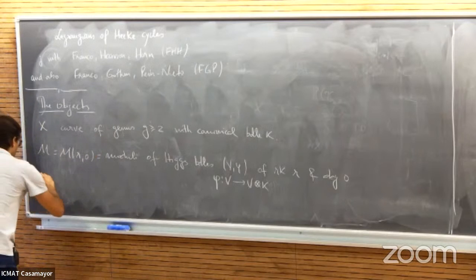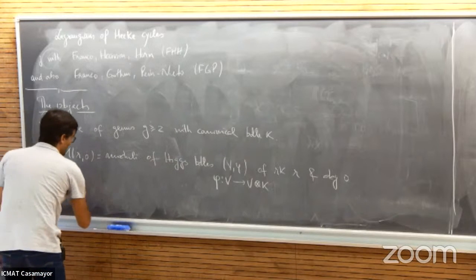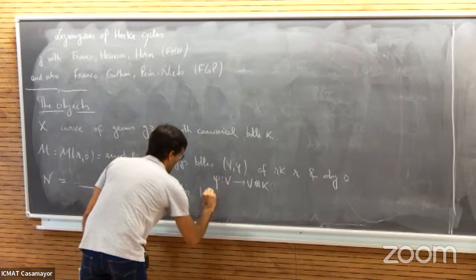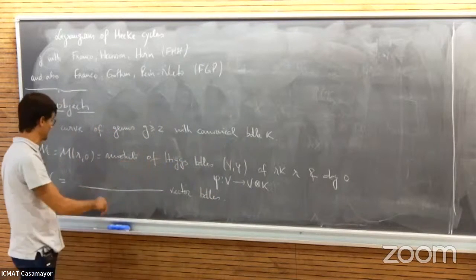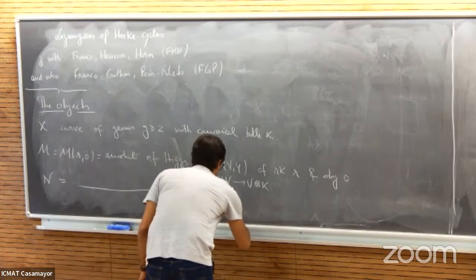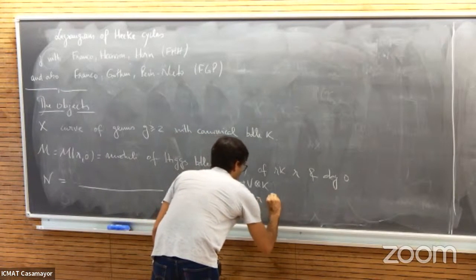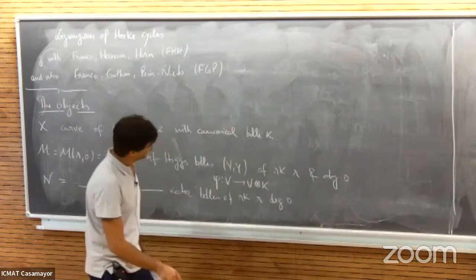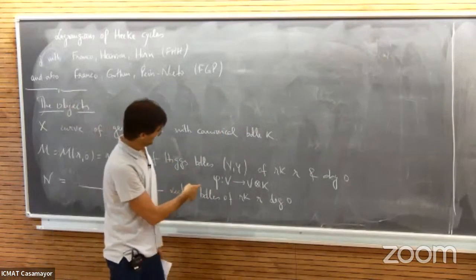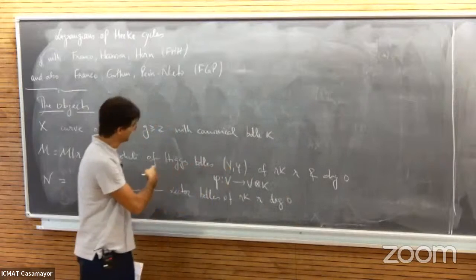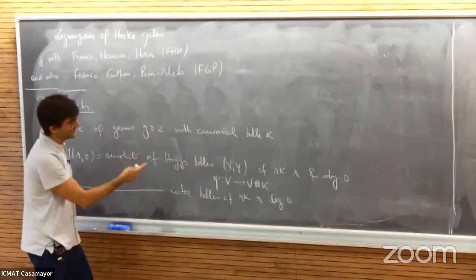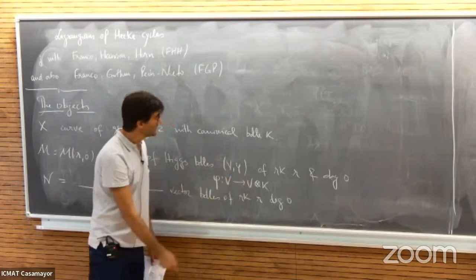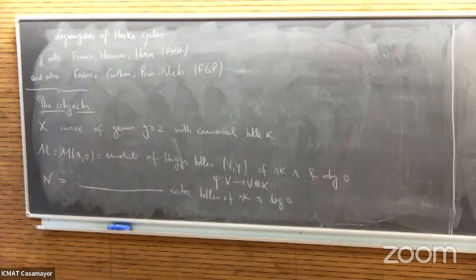Now if I consider N to be the moduli of vector bundles on X, of the same rank and degree, then, here I'm not talking about semi-stability, but a semi-stable Higgs bundle is one for which every invariant subbundle has degree less than or equal to 0.